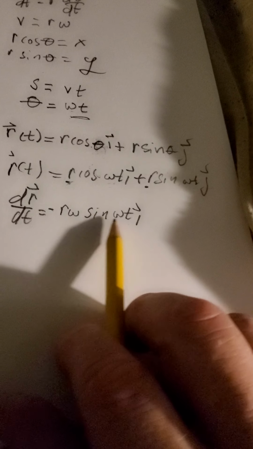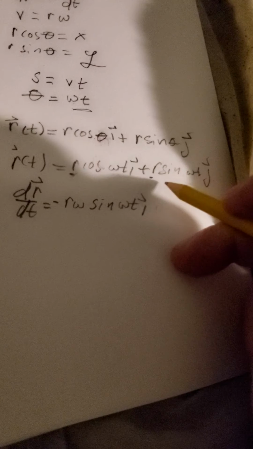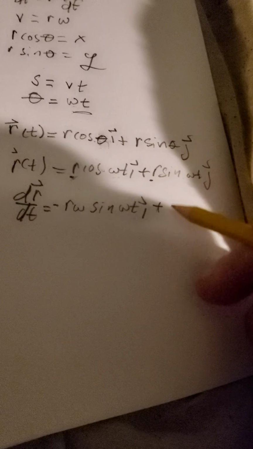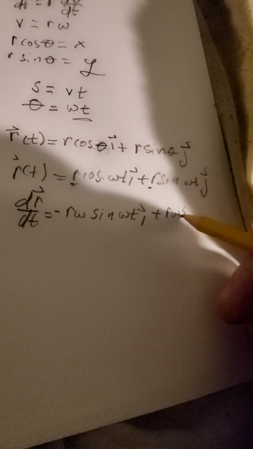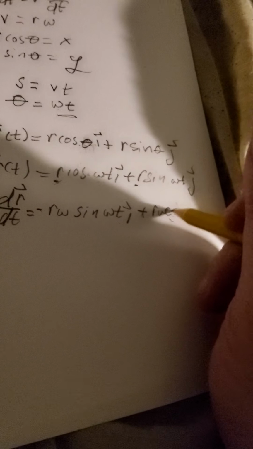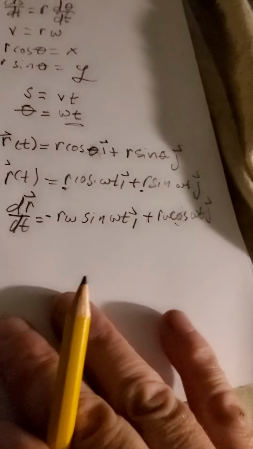Then I take the derivative of the sine, and I still have a plus right here. The derivative of sine is cosine, of course, so I get r omega cosine omega t j, like that.